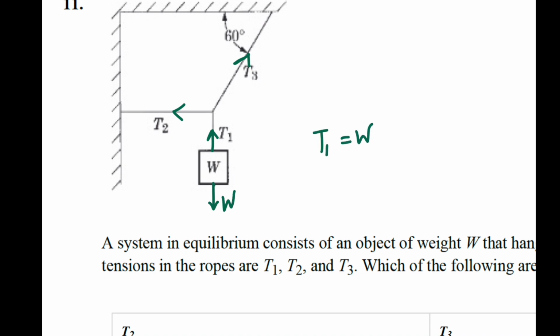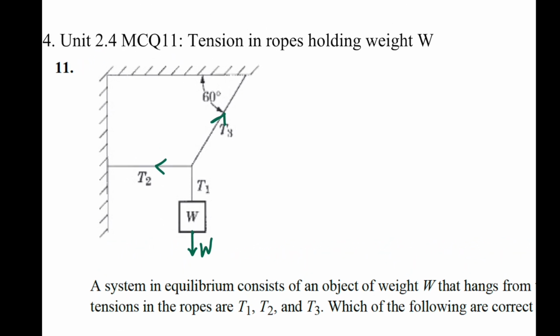So instead of drawing T1, we are just going to focus on W. And then we are going to figure out what is T2 in terms of W and what is T3 in terms of W. So the first thing we need to recognize is that T3 is not on the X or Y axis. So we need to resolve it.